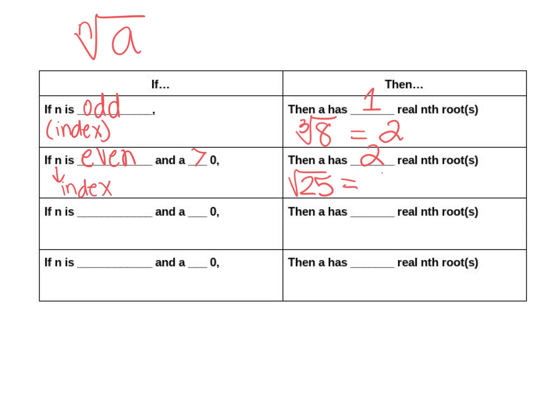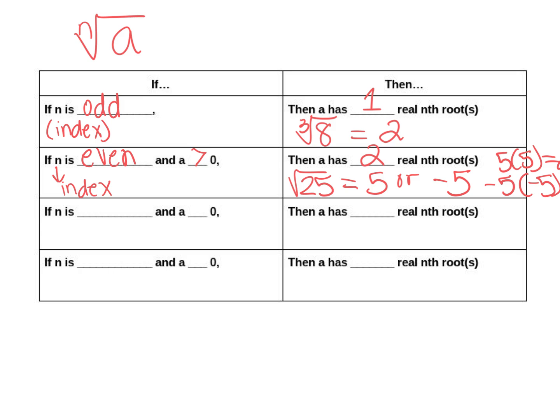Technically, you could have 5 or -5, because 5 times 5 is 25, and -5 times -5 is also 25. It doesn't work like that for the top one there.